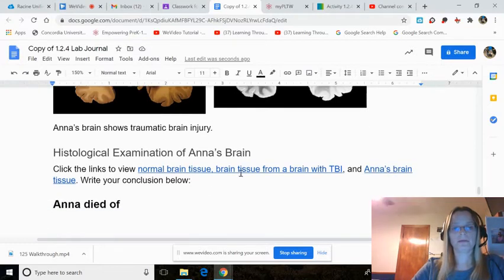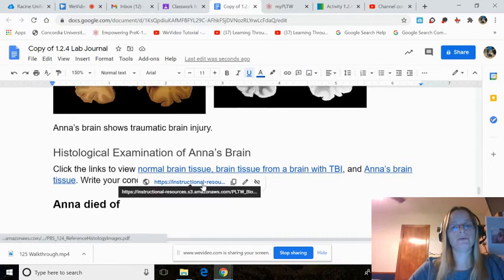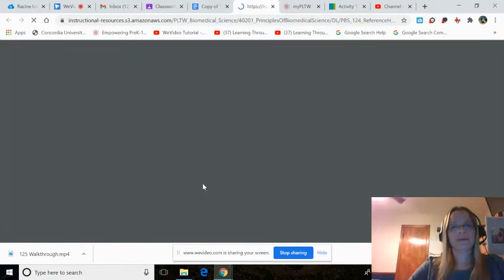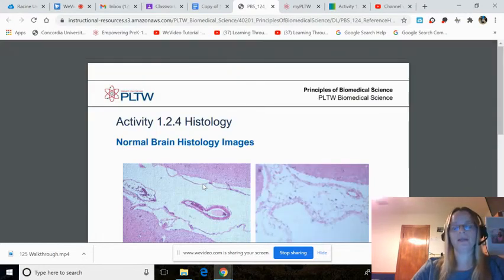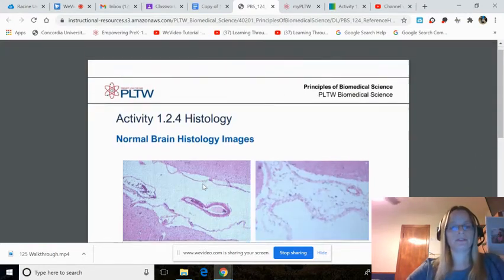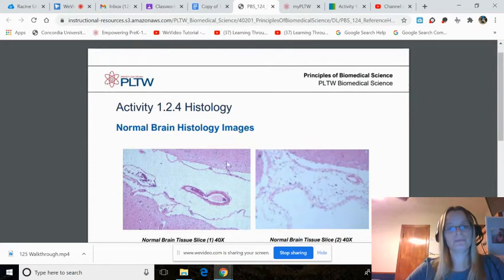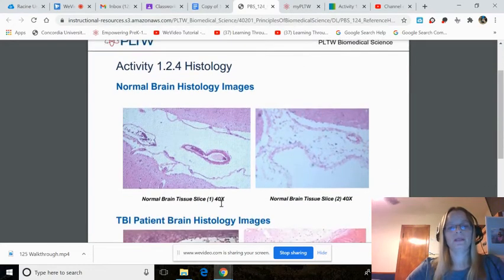So now we're going to look at microscopic views of normal brain tissue, TBI brain tissue, and CTE brain tissue. Here's the normal tissue, magnified 40 times, which is actually 400 because the eyepiece magnifies 10.